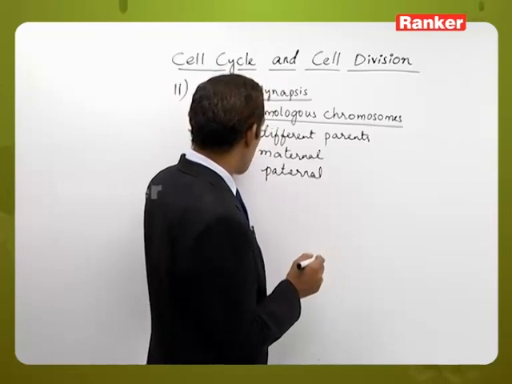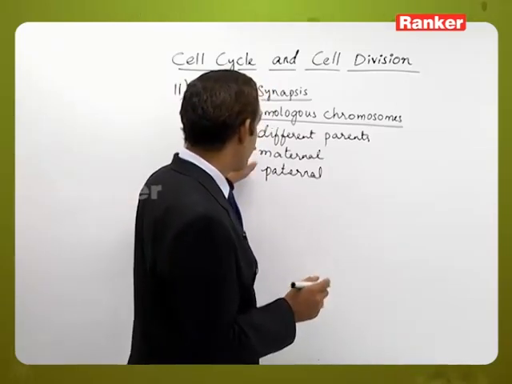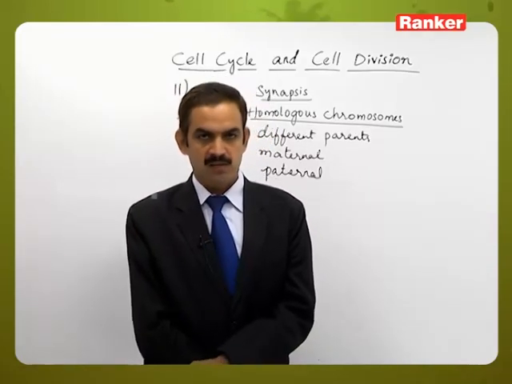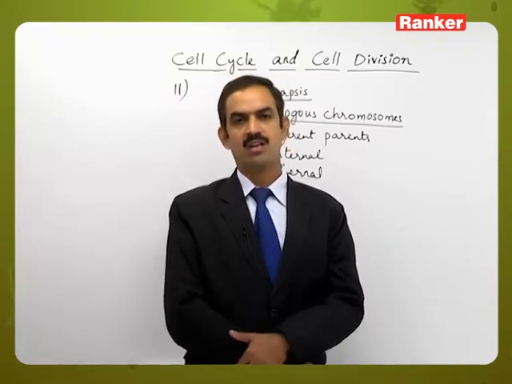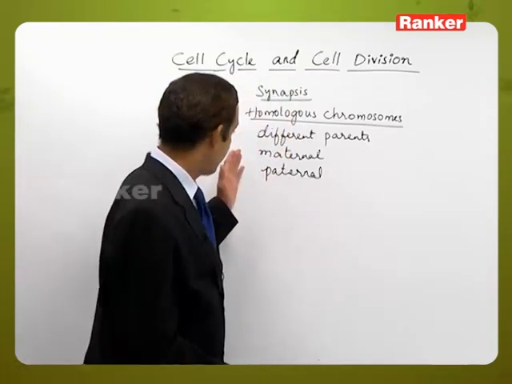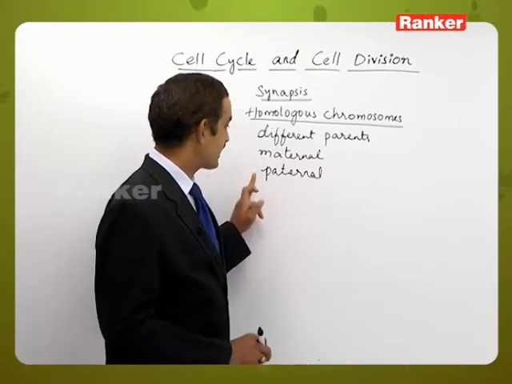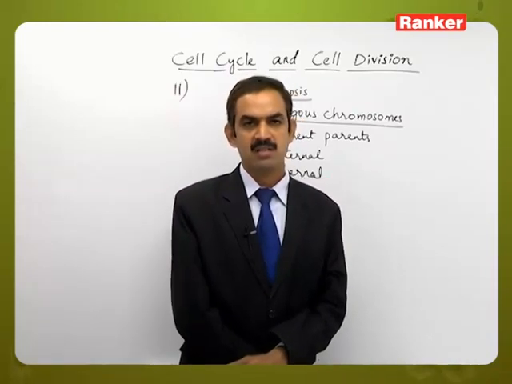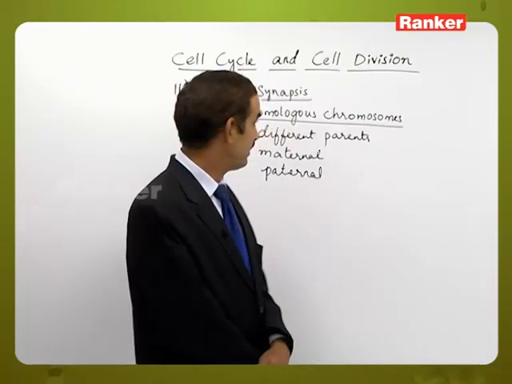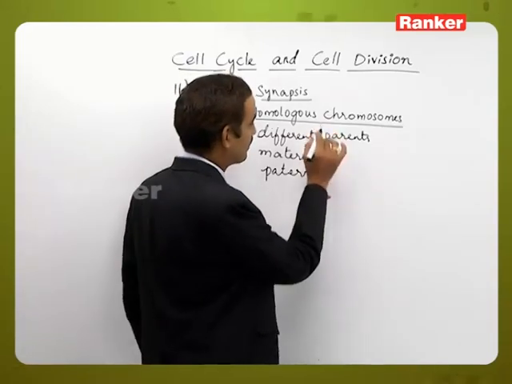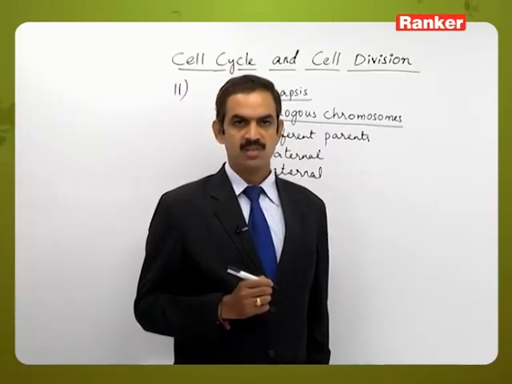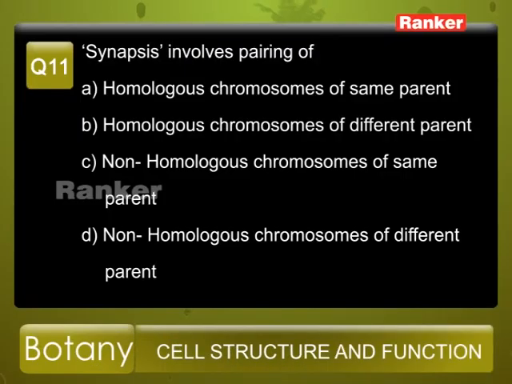We call the chromosomes coming from different parents homologous chromosomes because chromosomes which are similar in all aspects except in their origin are called homologous chromosomes. One is coming from maternal, one from paternal, so the origin is different, but they are exactly similar in all other aspects. During synapsis, these homologous chromosomes from different parents will undergo the pairing process. So we call this process synapsis. So from the given options, option B is the correct answer.